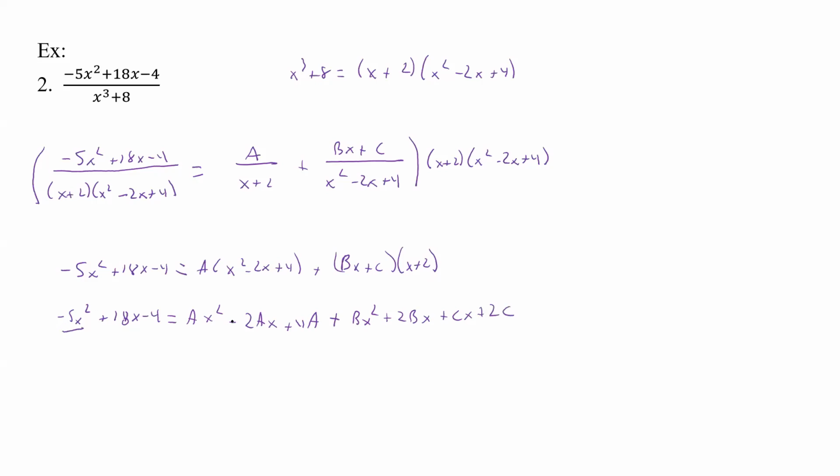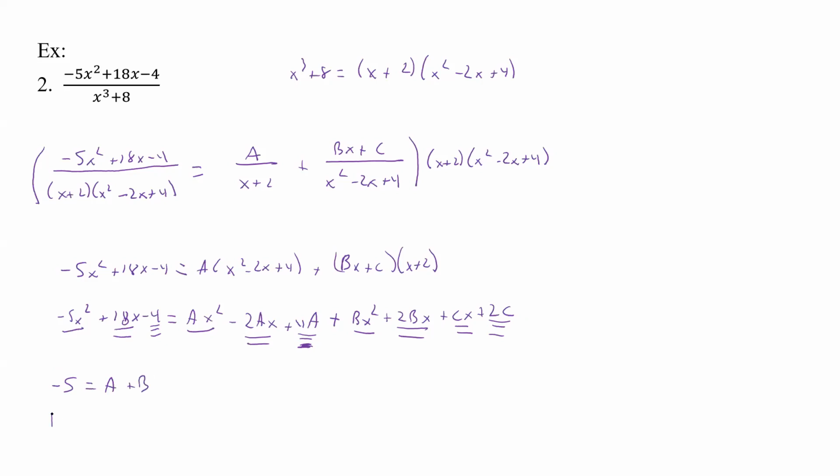So now x squared, x squared, x squared, then we have x, x, x, x, and then we have the 4, that 4a, and the 2c. So our equations then are going to be minus 5 equals a plus b.